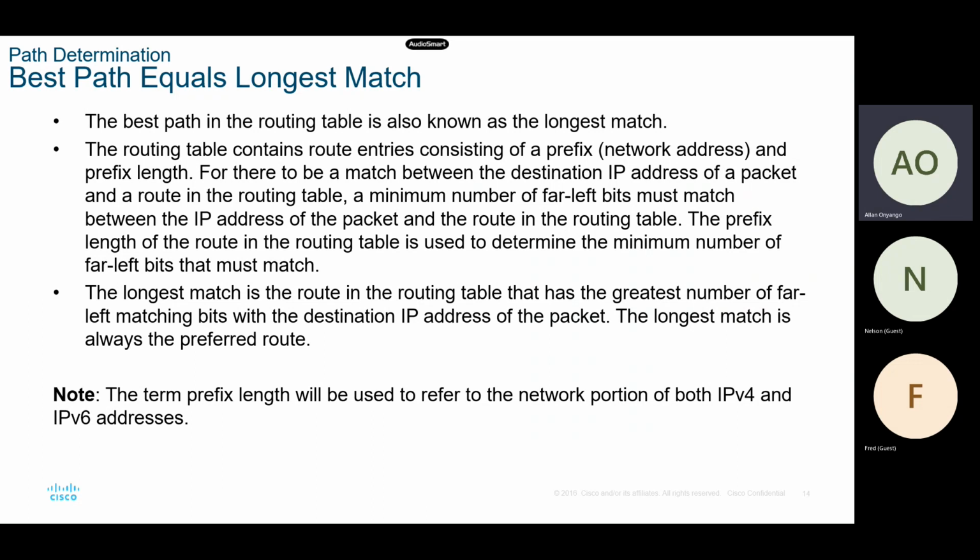And that's why the word longest match comes into place here. So the longest match basically means, among the networks available, which one has the biggest subnet mask? And we did learn about subnet masks in the past course, Introduction to Networks. So normally the routing table contains route entries, which consist of the network address and the prefix length, basically the network address and the subnet mask.